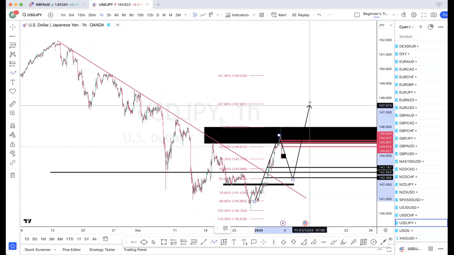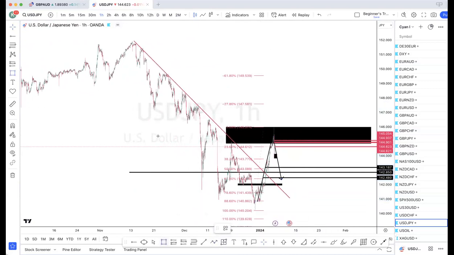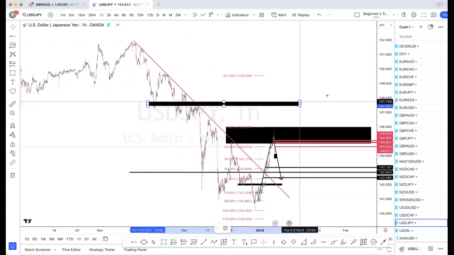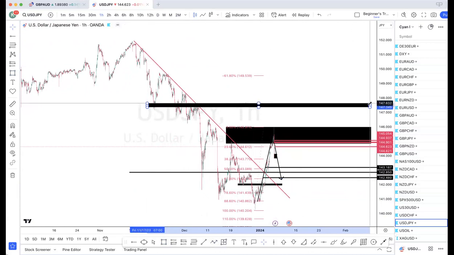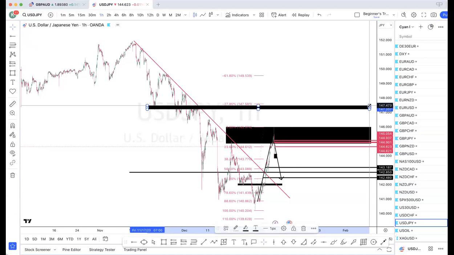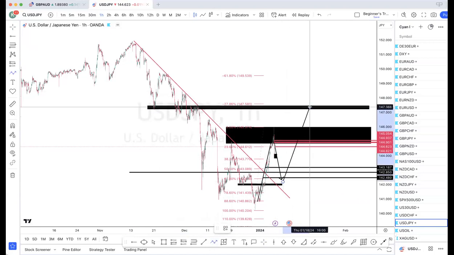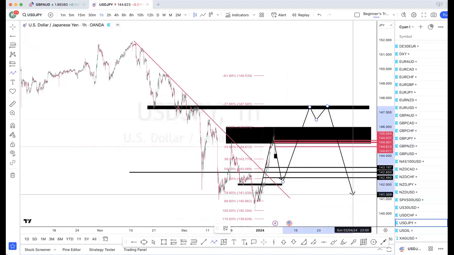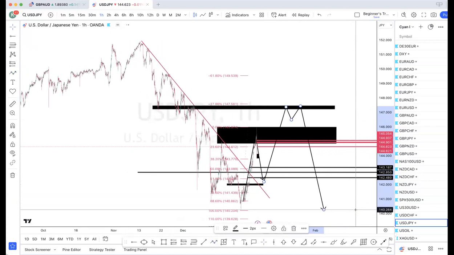For everybody else on the call, this is a strong key level. So at that negative 27, we're looking for price to come here and then sell back down. That'll be the dollar at the 105.